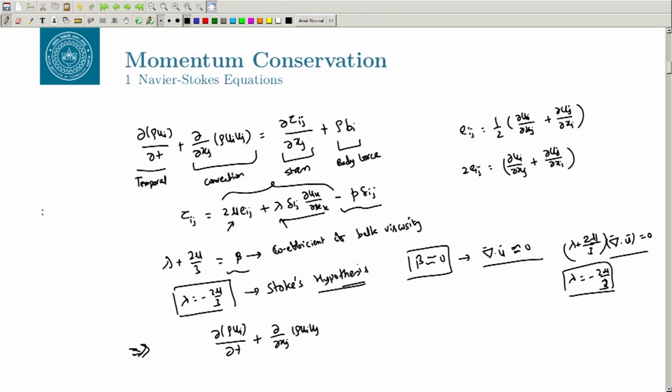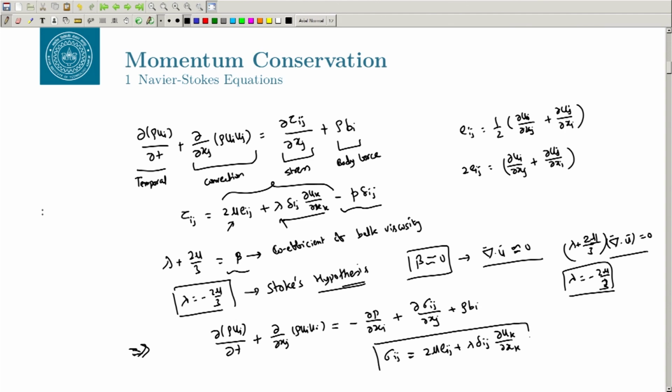Del rho u_i u_j is equal to minus del p by del x_i, and plus you can write del sigma_ij by del x_j and plus rho b_i, where sigma_ij is the deviatoric part, 2 mu E_ij plus lambda delta_ij del u_k by del x_k.